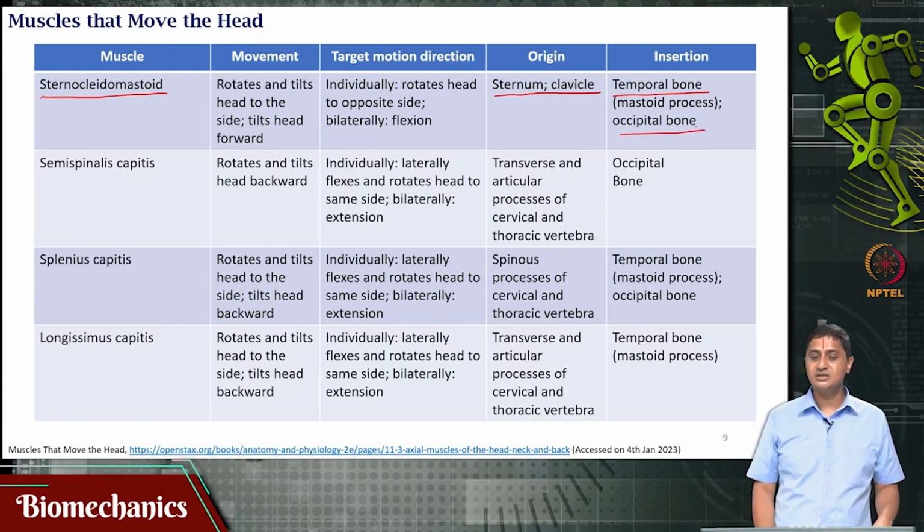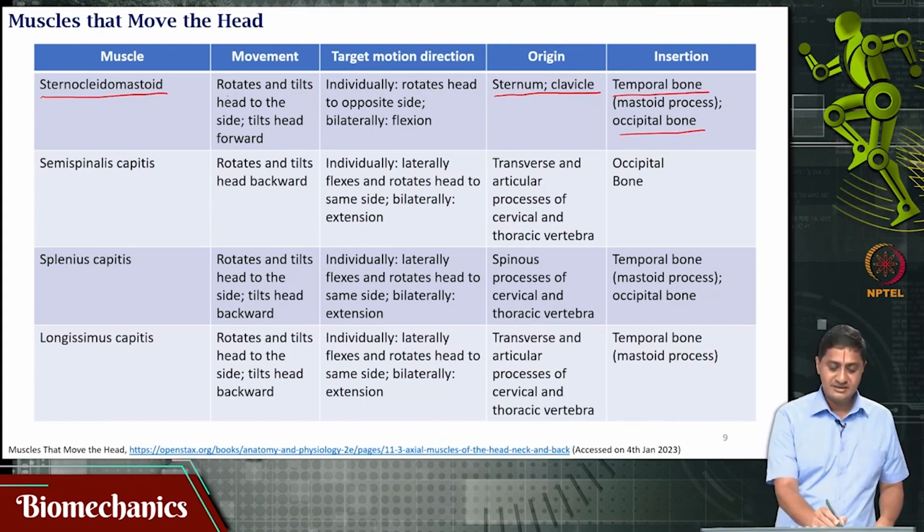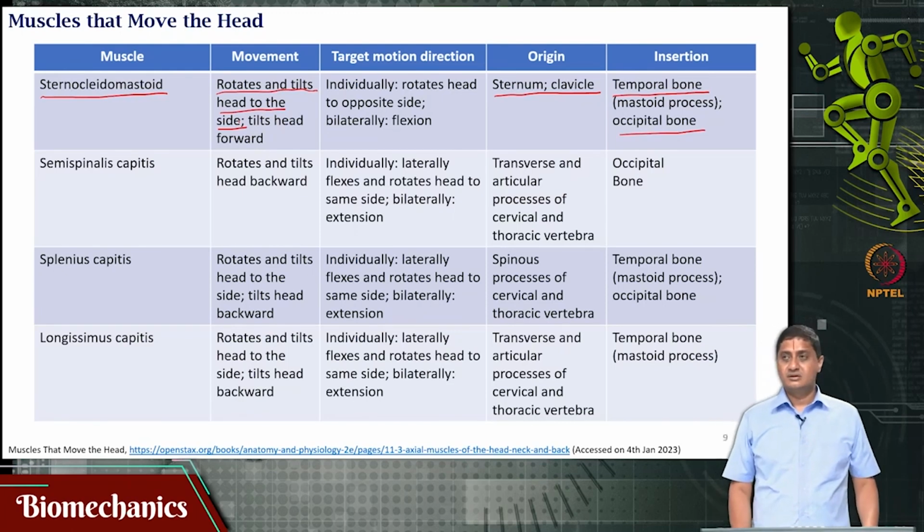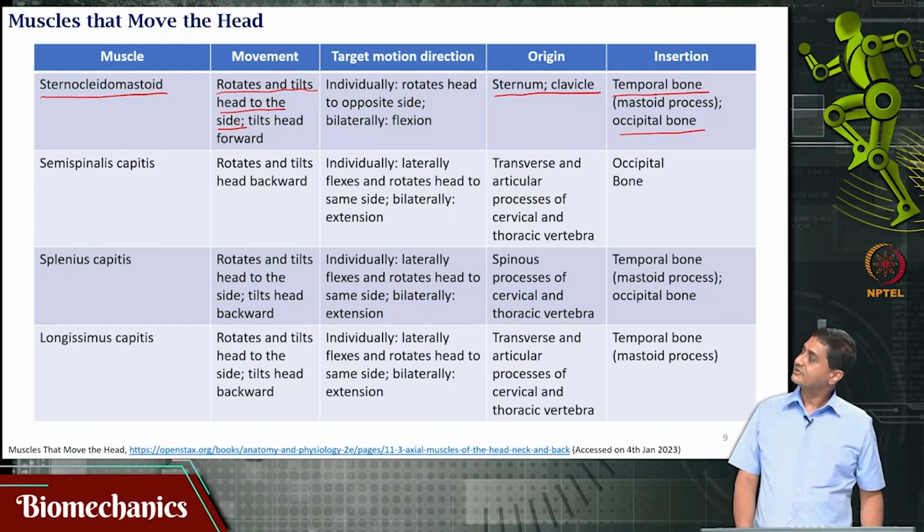So, just below the ears, right, just at the level of the ear. What is the purpose? What is the action of this muscle? It rotates and tilts the head to the side.